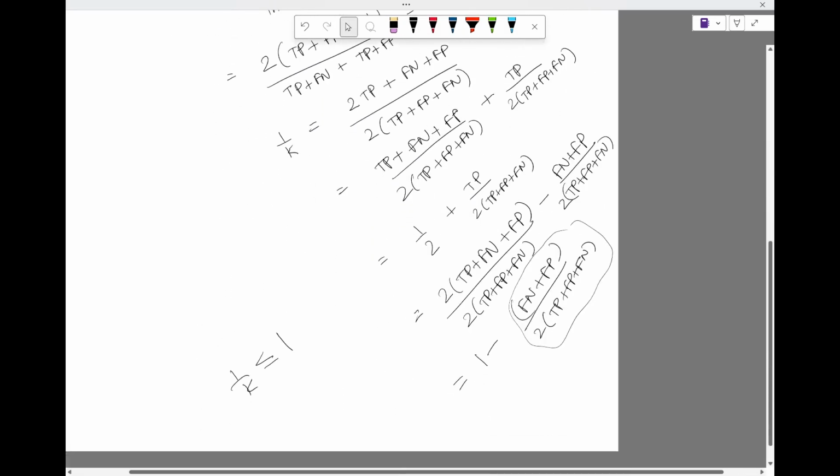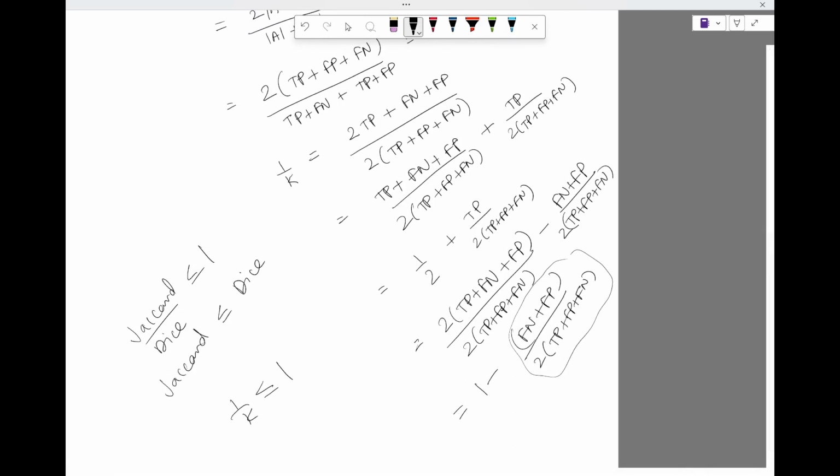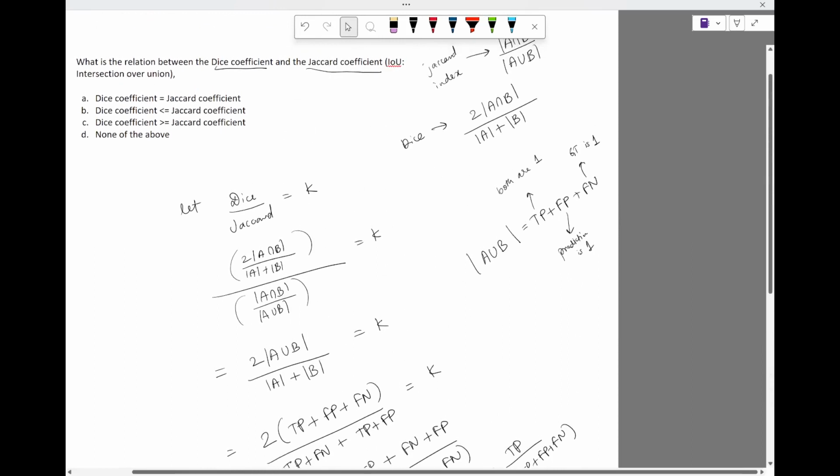That means Jacquard by Dice is less than or equal to 1. So Jacquard is less than or equal to Dice. So that is C.